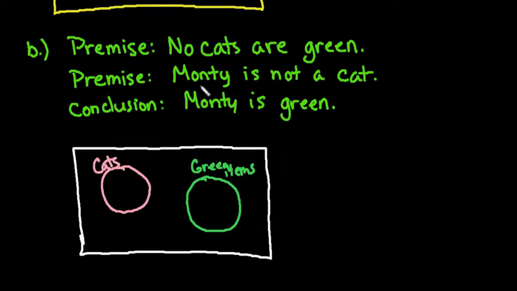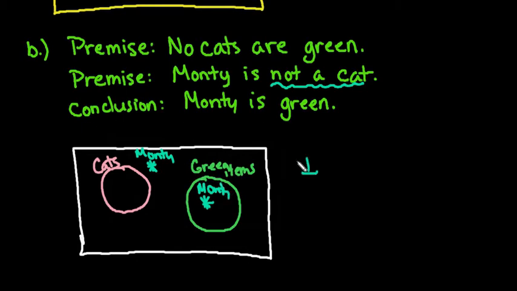All right, so our second statement is that Monty is not a cat. That means that it is not in the circle of cats, but Monty could fall here, outside of being cats, or Monty could fall within the green items, and so it's not clear where Monty falls.